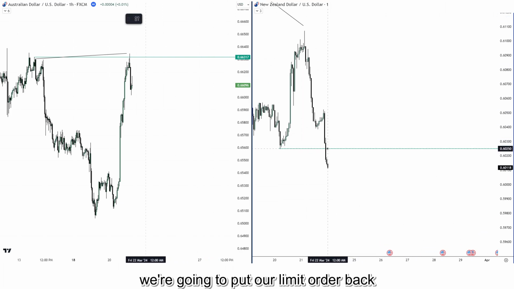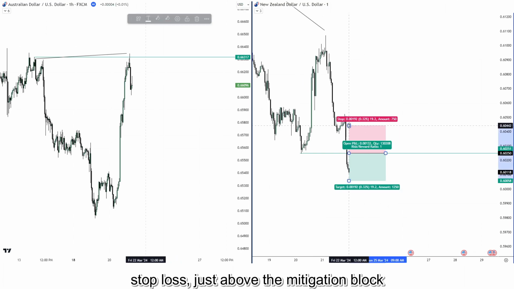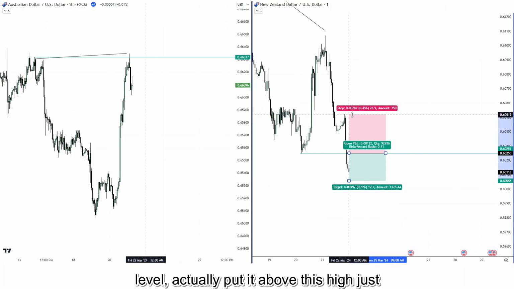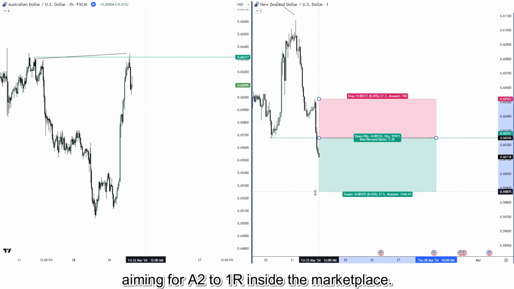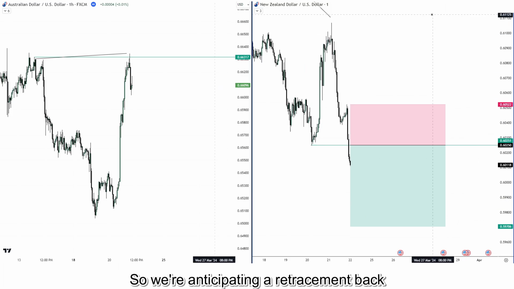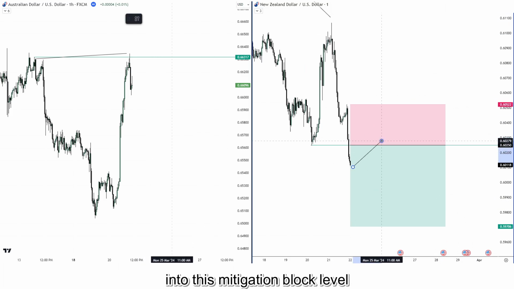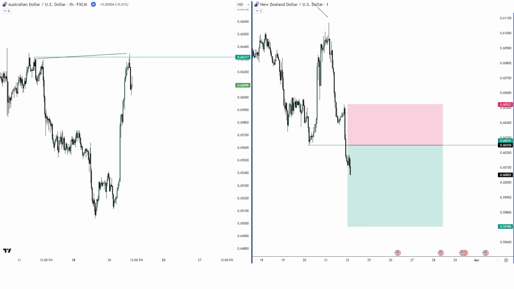We're going to put our limit order back here below this low, stop loss just above the mitigation block level. We'll actually put it above this high just to be safe, and we can extend this out, aiming for a 2-to-1 R inside the marketplace. So we're anticipating a retracement back into this mitigation block level for that continuation to the downside. And let's see how this then plays out.